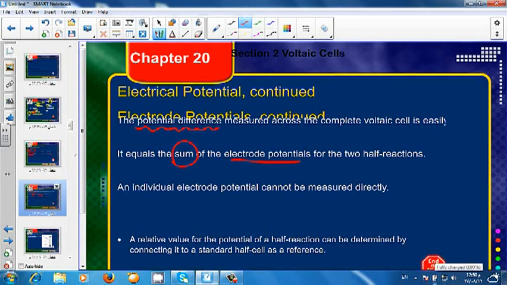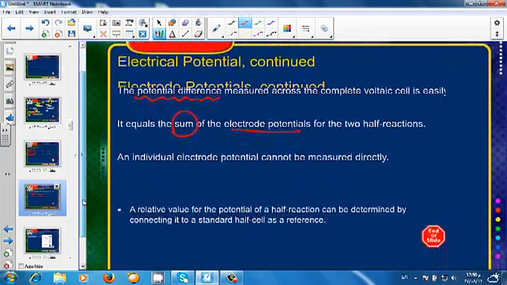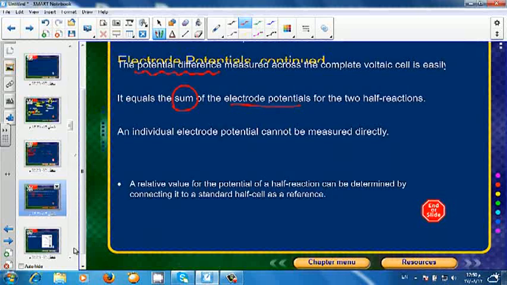An individual electrode potential cannot be measured directly. That's why it has to be calculated in relation to another. The relative value for potential of a half reaction can be determined by connecting it to a standard half cell. So back to the previous point, we said that the individual electrode, like zinc electrode, for example, its potential cannot be measured directly.